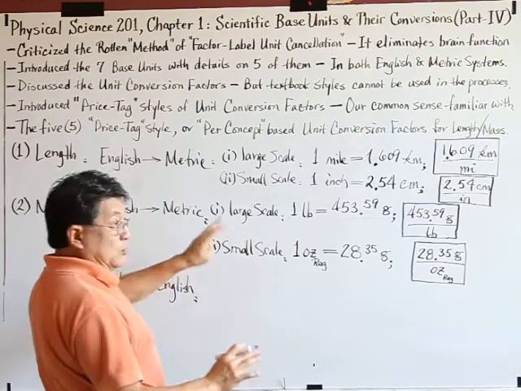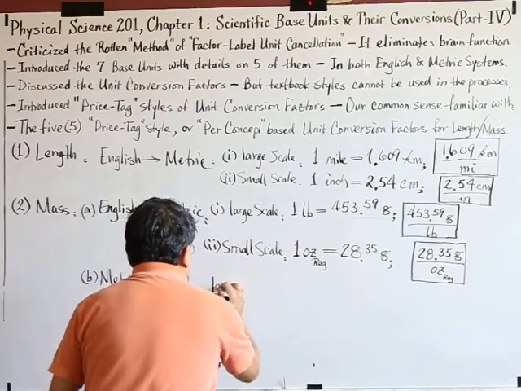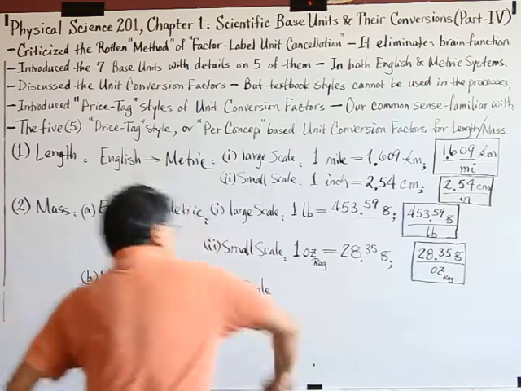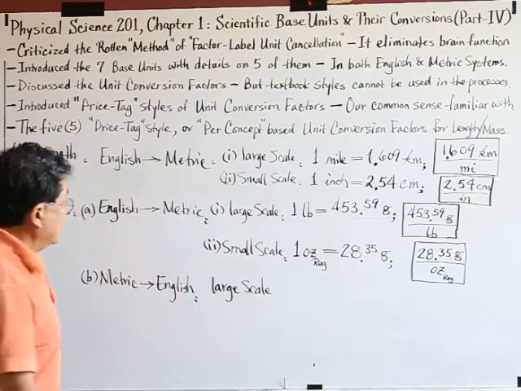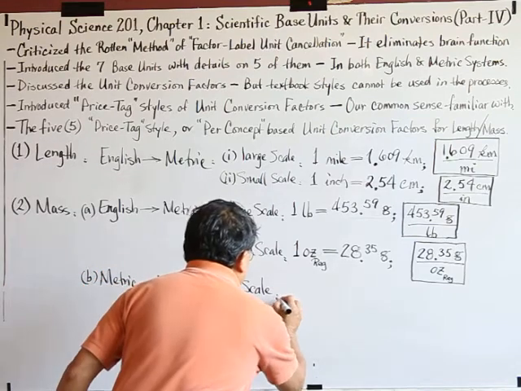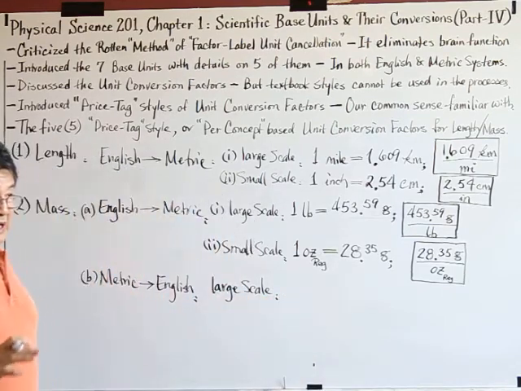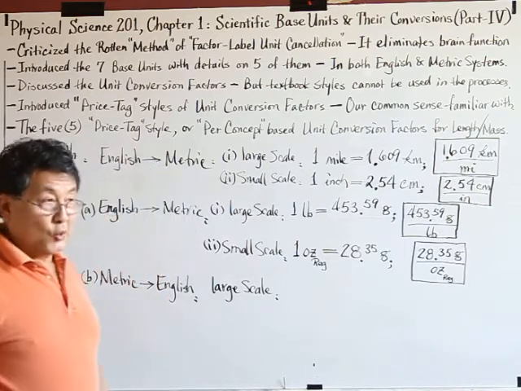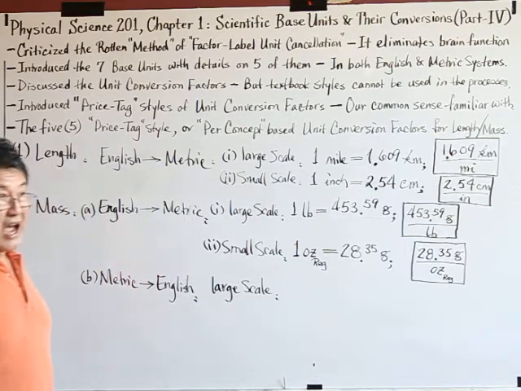I don't have 1 and 2, so just the large scale. What is large scale? Pounds, at least, right? We talk pound. So large scale in the textbook, you will have this one. It says 1 kilogram equals 2.205 pounds.